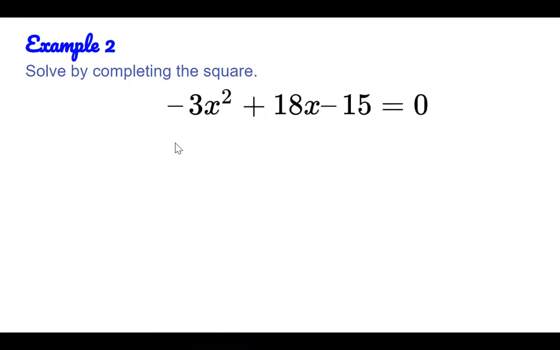All right, here we go. Number 2, go ahead and copy this one down: -3x squared plus 18x minus 15 equals 0. Go ahead and tell your neighbor, is this written in standard form, yes or no?